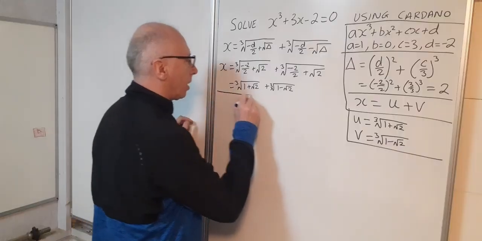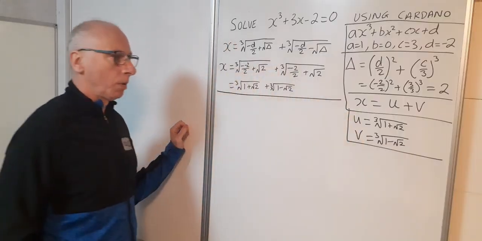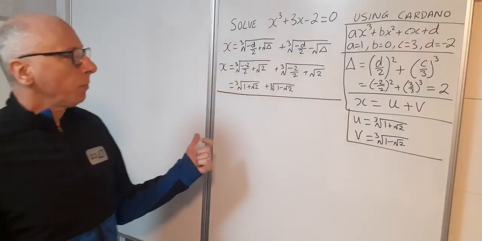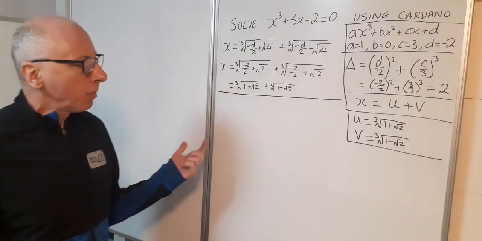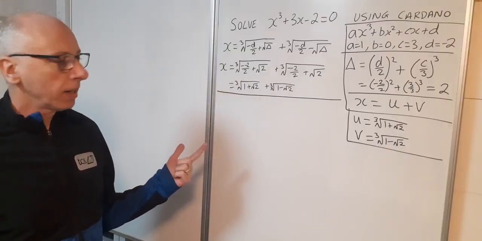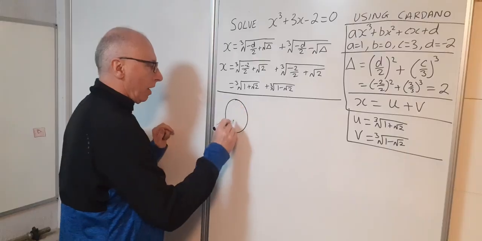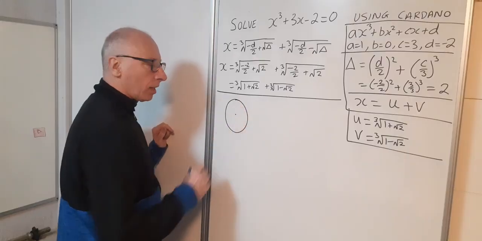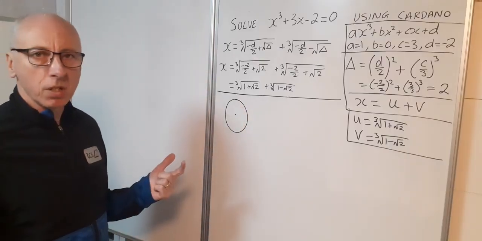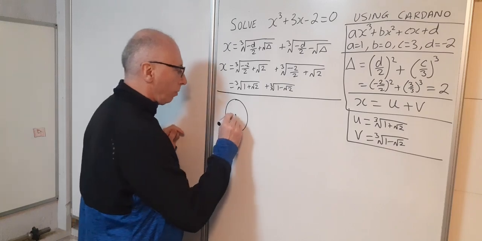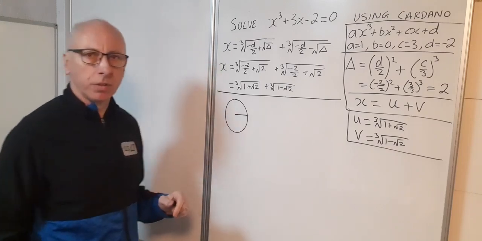So let's have a look what we've got. So we need to first of all work out how we're going to find the complex values. Now if I look at my complex diagram, if I've got a cubic equation, there'll be 3 solutions. Now one will be on the real number line.